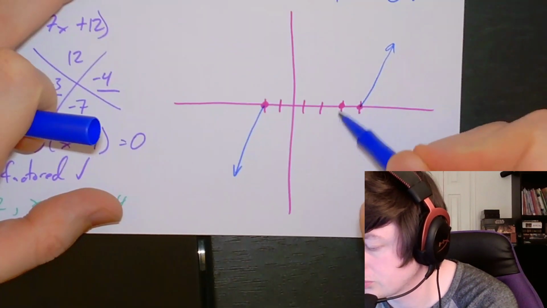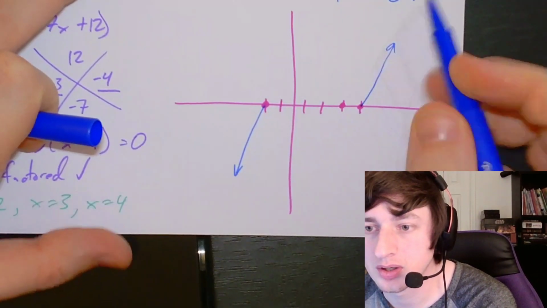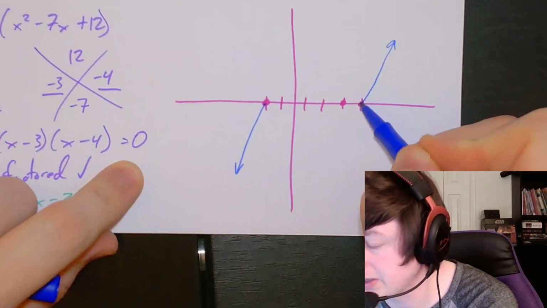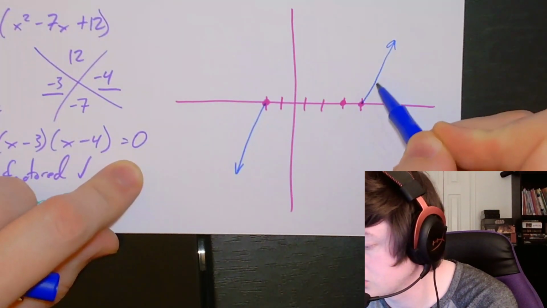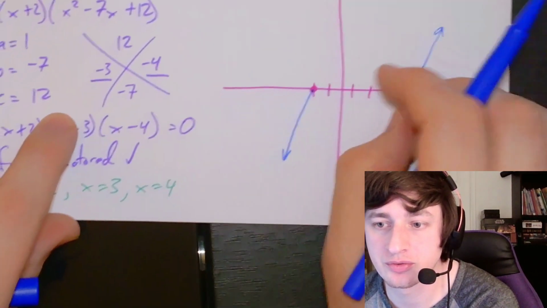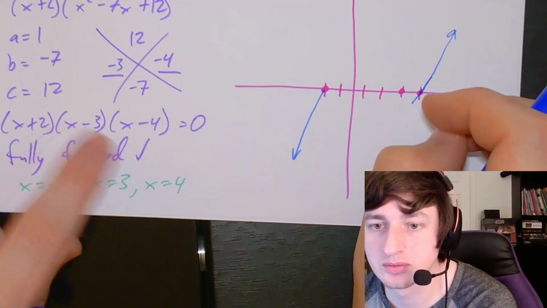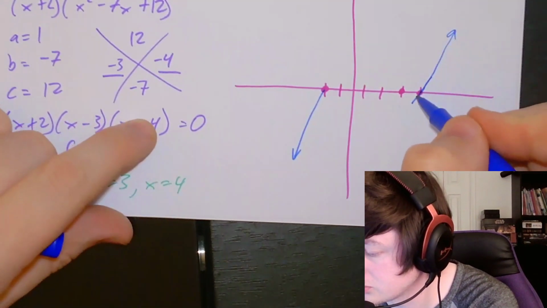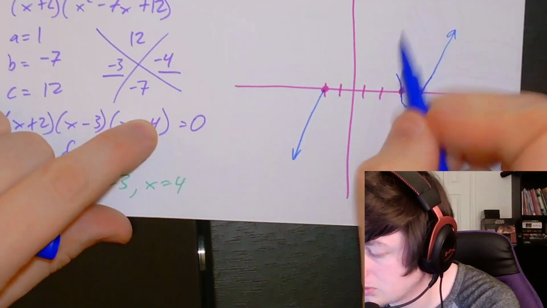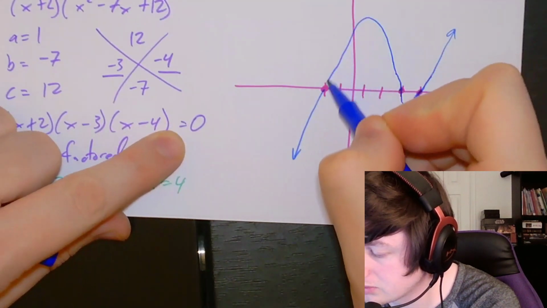And then the graph has to go through the coordinates. And so no bouncing, like this isn't going to go back up right here. It's going to go through because our fully factored form had no duplicates, no multiplicity, no double roots. So then it needs to curve back around and go through this point, and then curve back around and go through this point.